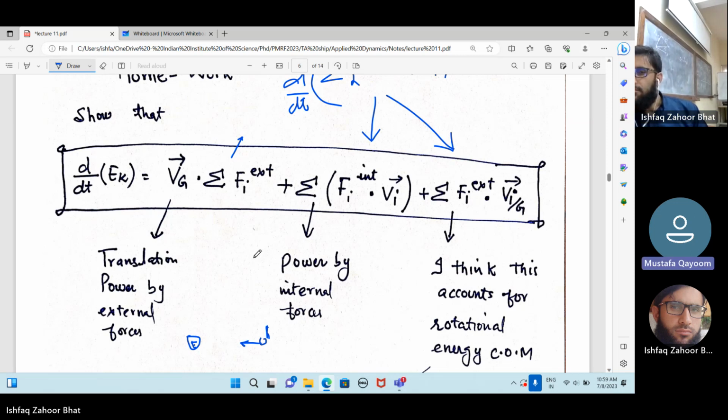Well, I understand this term, this concept, how this is related with the rotational motion of the body about the center of mass. Yeah.